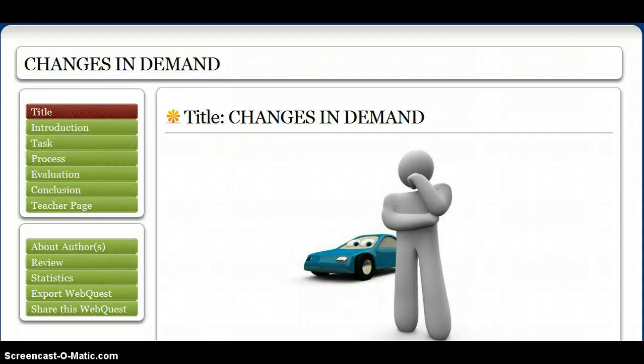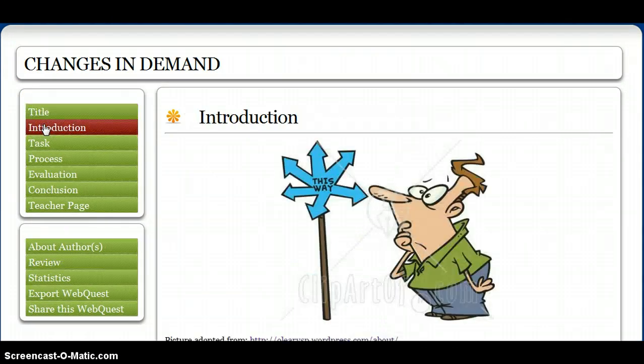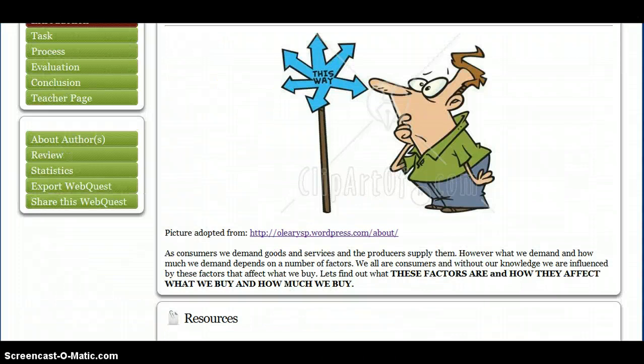To move to the introduction page, simply click on the introduction icon. The introduction page provides a sense of direction or guideline with regards to the web quest. As consumers, we demand goods and services and producers supply them.